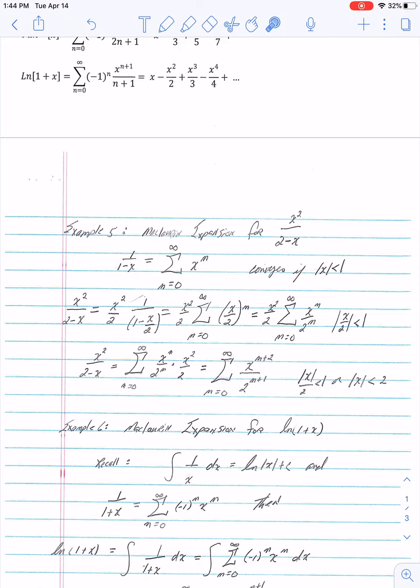And that's the same Maclaurin expansion I would get if I actually used the definition. And now, if I'm curious about where it converges absolutely, well, it converges absolutely when the absolute value of x over 2 is less than 1, or multiplying both sides by 2, when the absolute value of x is less than 2. So there you have it. The expansion for this is that, and the interval of absolute convergence is here.